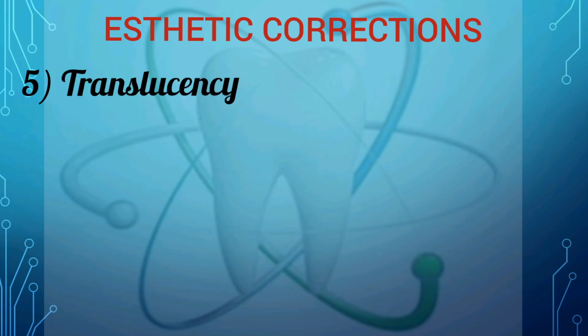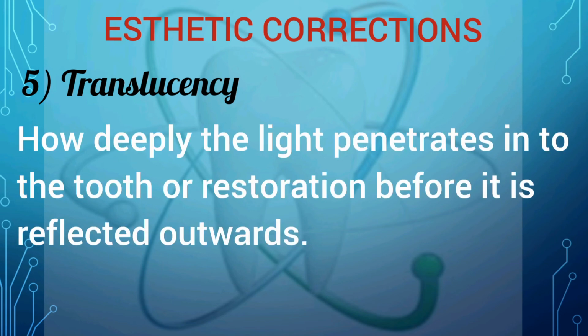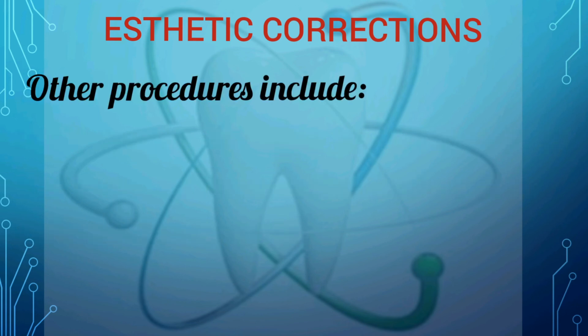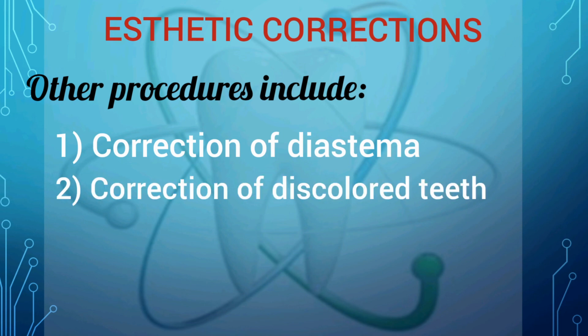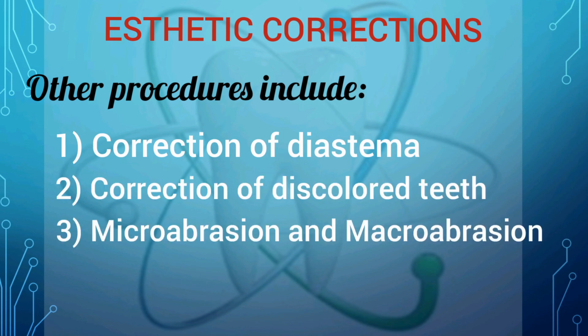Coming into translucency. The degree of translucency is related to how deeply light penetrates into the tooth or restoration before it is reflected outward. Other conservative procedures include the correction of diastemas, treatment of the discolored teeth, microabrasion and macroabrasion, and veneers.